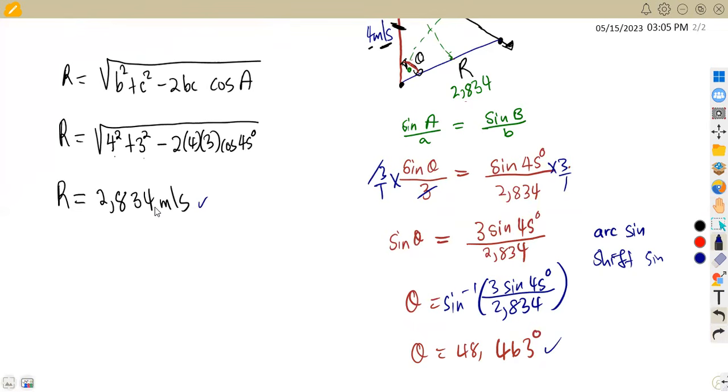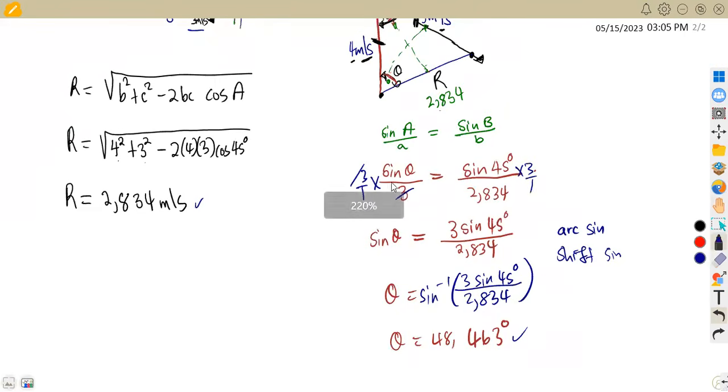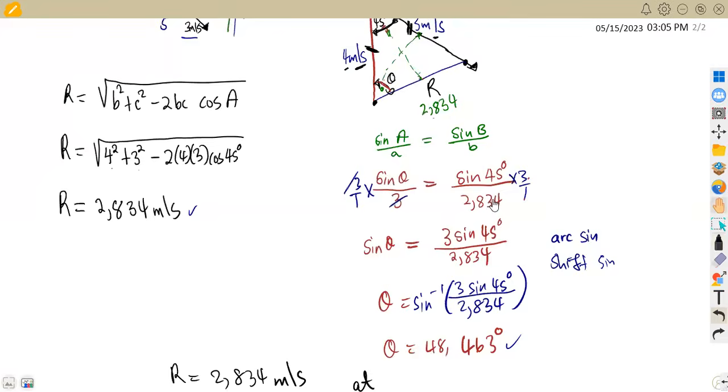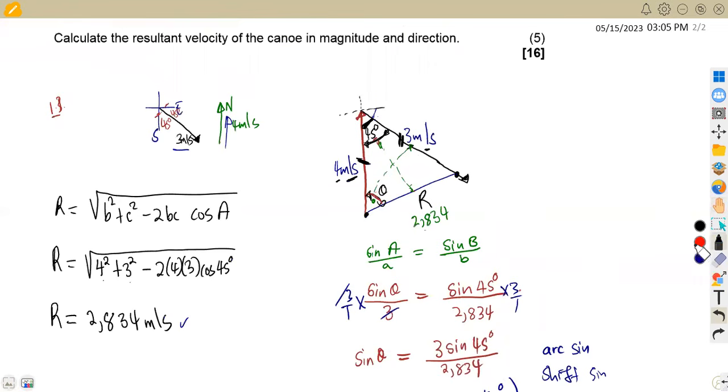So we can actually present our final answer to say our resultant R is equal to 2,834 meters per second at, we are now representing our final answer. So this here, remember, is between this pole here. This is the north. And if you check here, we are going to the east. So it's north to the east. We are from the north going to the east direction.